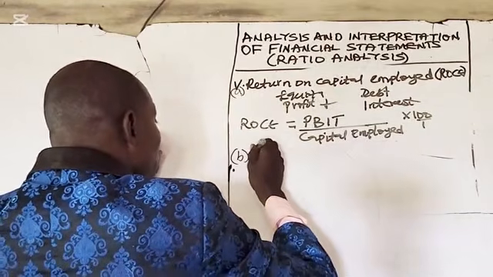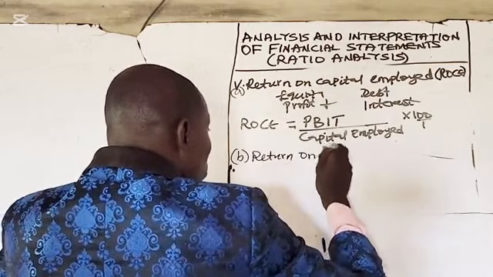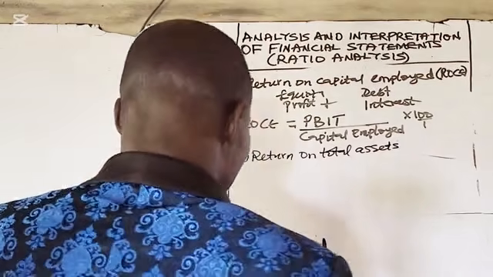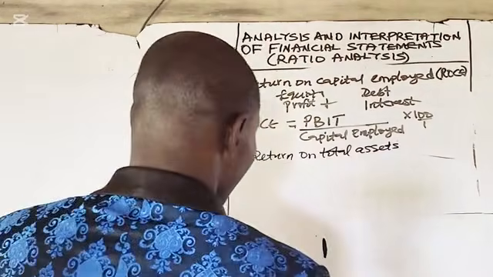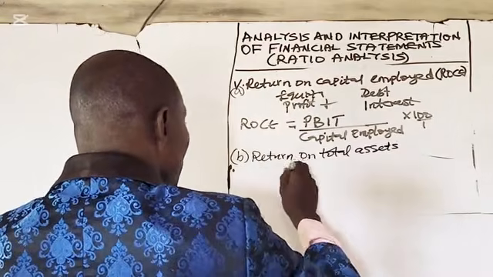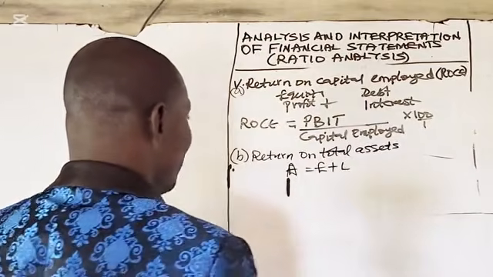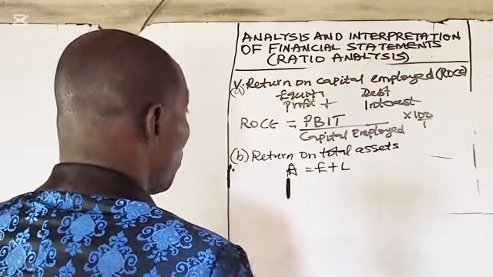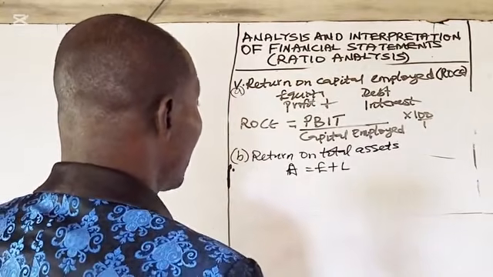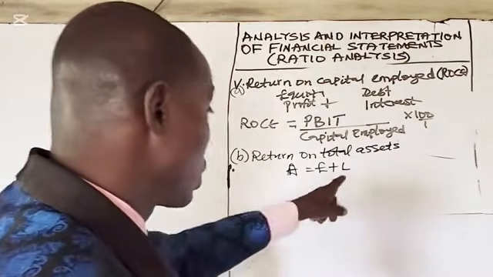Then, if this is return on capital employed, you can also use return on total assets as capital employed. Your total assets, based on the concept of capital maintenance, assets equal equity plus liabilities. That means if you are using total assets, you are combining the two sources of finance, except that the total assets might be greater because your liabilities also include current liabilities.